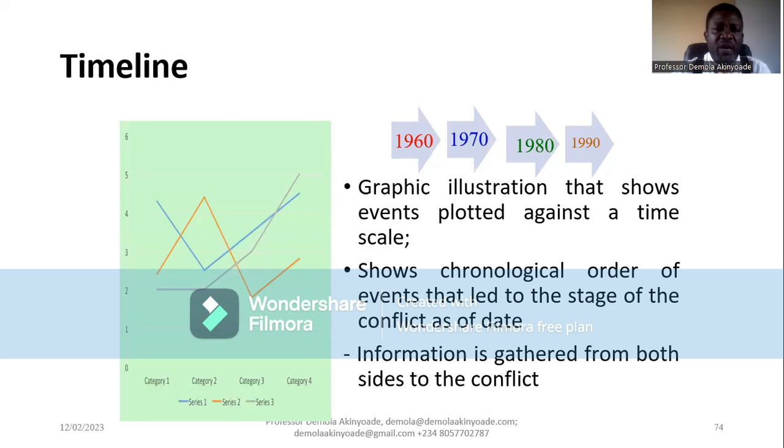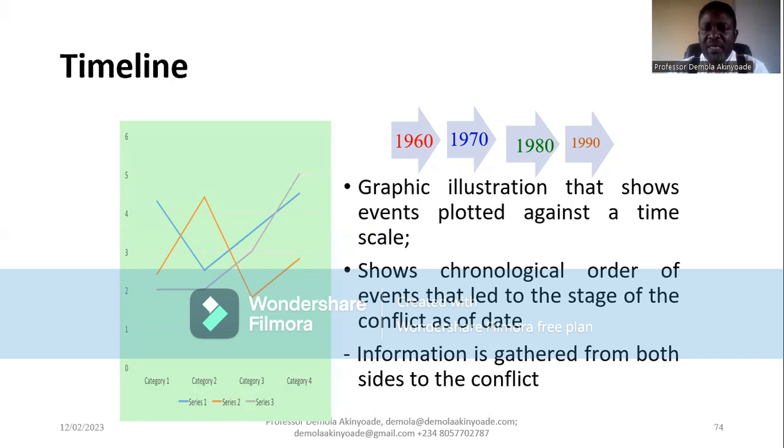Okay, we also have the timeline tool, which illustrates events as they happen over time. It chronicles events as they evolve.